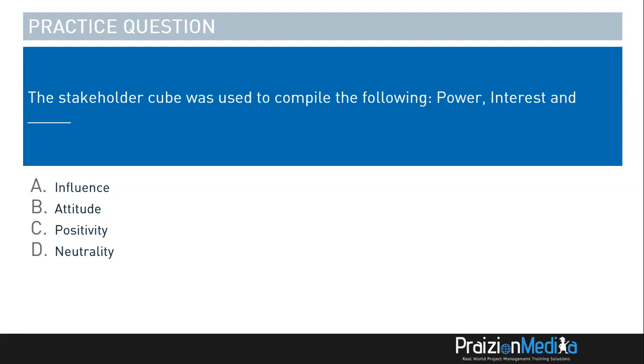In the stakeholder cube, you have 3 dimensions. Here's a reminder, if you have forgotten what those 3 dimensions are. Remember, it is like a cube. So when we say stakeholder cube, we're talking about something like this.